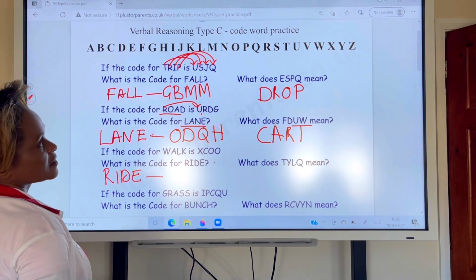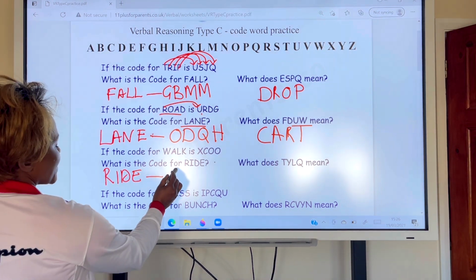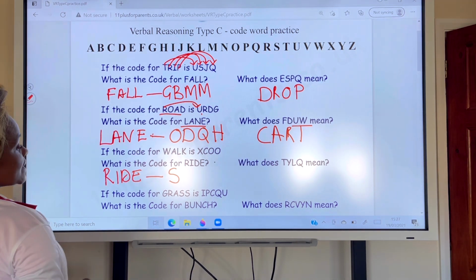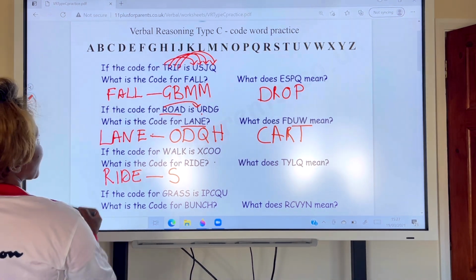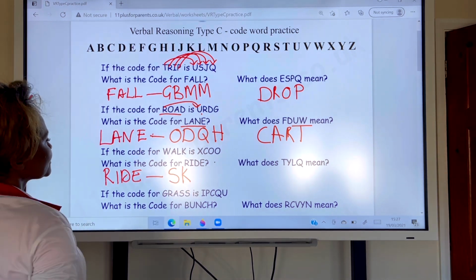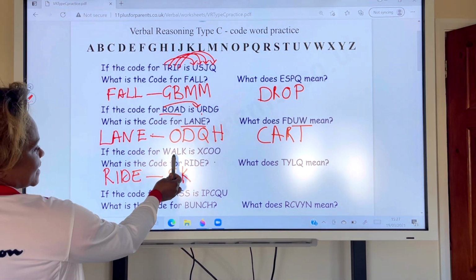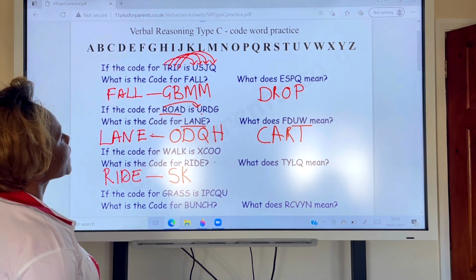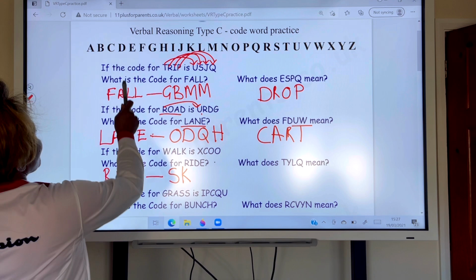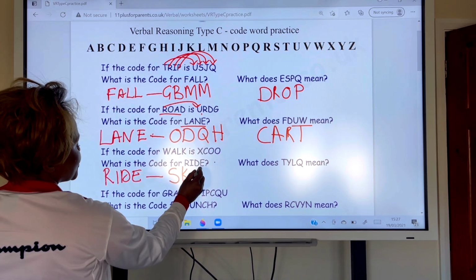So R on the alphabet, 1 forward would be S. Then A to C is now 2 forward. So I need 2 forward, 1, 2, that would be K. Then the third letter, L to O, is 1, 2, 3 forward. So D, 3 forward, 1, 2, 3, that would be G.